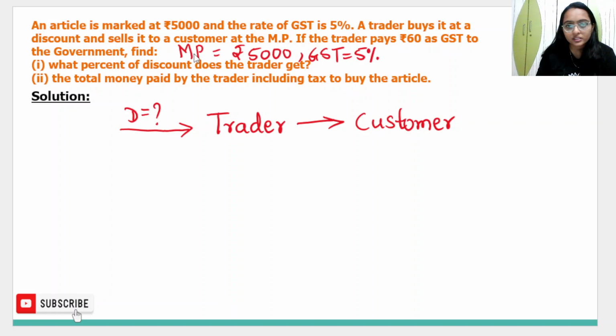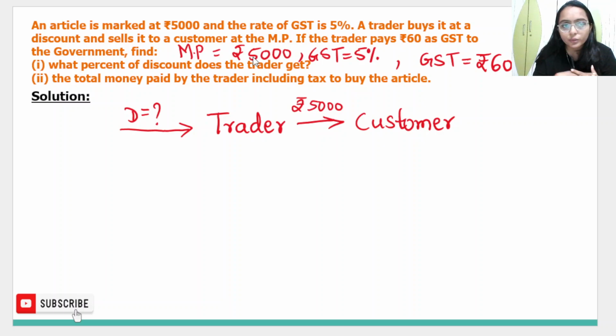Market price we have already written in the question, which is 5,000 rupees. If the trader pays rupees 60 as GST to the government, so GST value is given. GST paid by the trader is rupees 60. What percent of discount does the trader get?